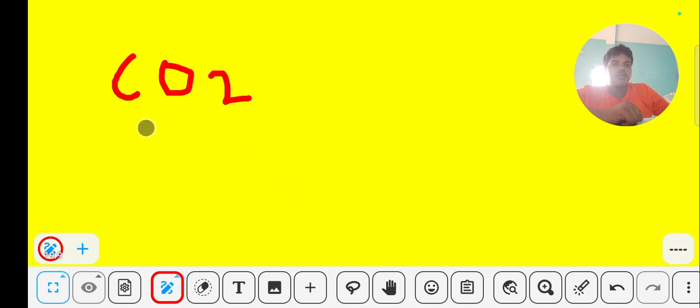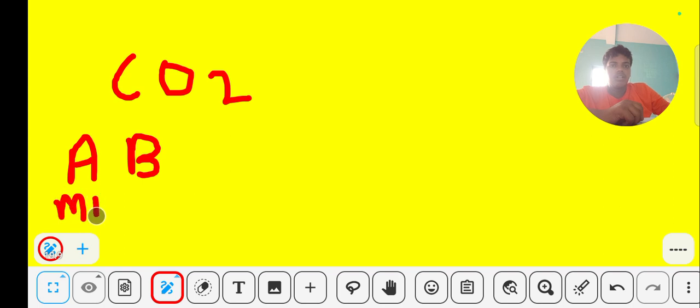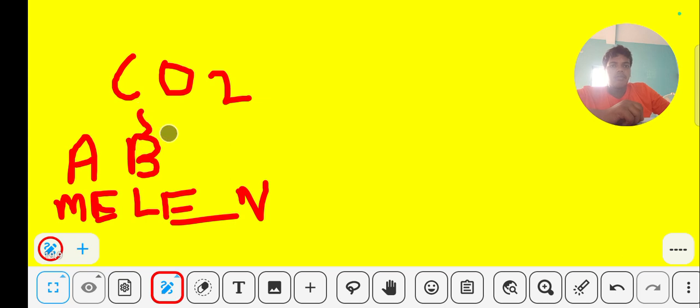So as you know about the electronegativity of an atom, let's talk about electronegativity of atom. For example, there are two atoms A and B. Suppose A is more electronegative and B is less electronegative, then A will carry minus 1 charge and B will carry plus 1 charge.